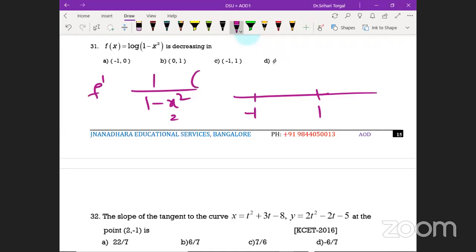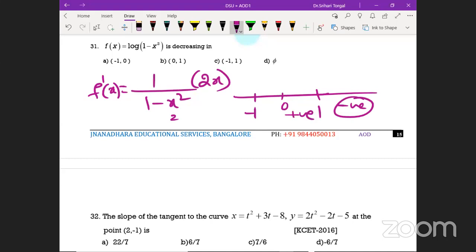If I take 2 here, that is the f dash x, right? So 0 is there as a critical point. If I put x equal to 2 here, you will get a negative value. And if I put x equal to half, then you will get positive.